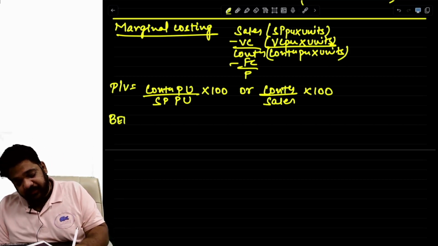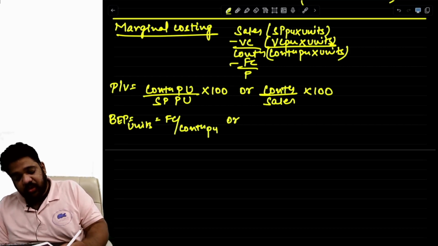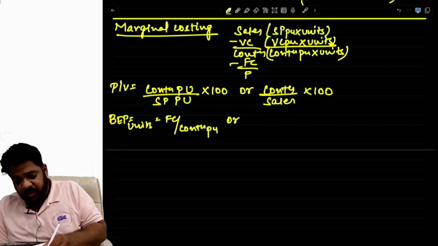Break-even point. If you are finding break-even point in units, it is fixed cost upon contribution per unit. You can also do break-even sales.